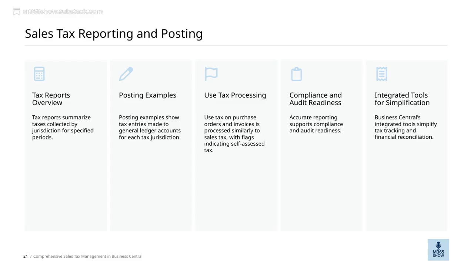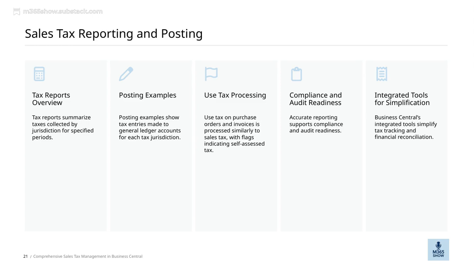You can also see how tax entries are posted directly to the general ledger for each jurisdiction, providing transparency and clarity in your financial records. Additionally, tax reports give you a summary of the taxes collected by jurisdiction over specific periods, giving you a clear overview of your tax obligations.